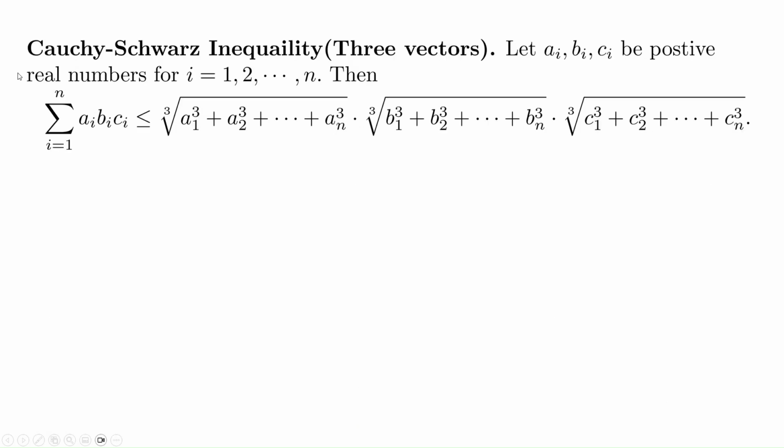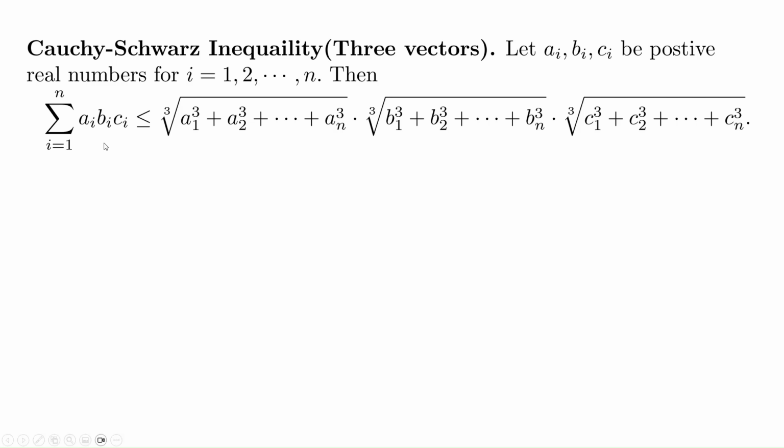We can generalize the inequality to three vectors. For simplicity, we assume all the components are positive real numbers. The left-hand side is a1b1c1 plus a2b2c2 plus up to anbncn.